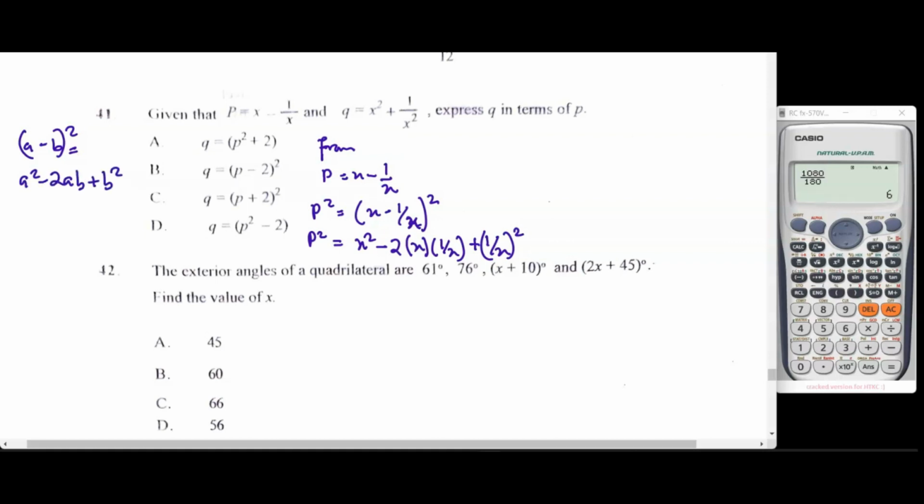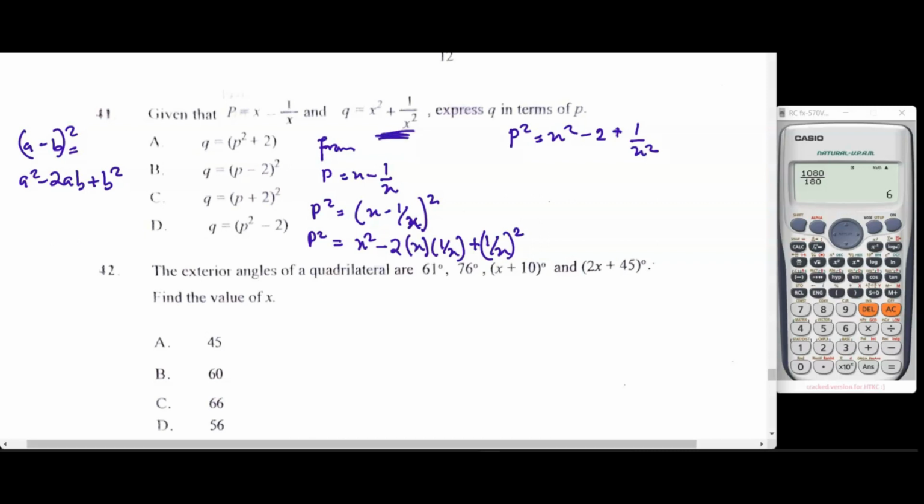So when I expand x minus 1 over x all squared, this is what I'll be getting. That leads to P squared equal to x squared. X times 1 over x will give us 1, multiplying negative 2 will give us negative 2 left, and plus 1 over x all squared will give us plus 1 over x squared. So looking at it carefully, you realize that part of the statement here is found here.